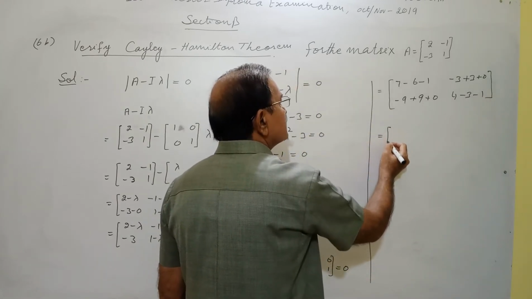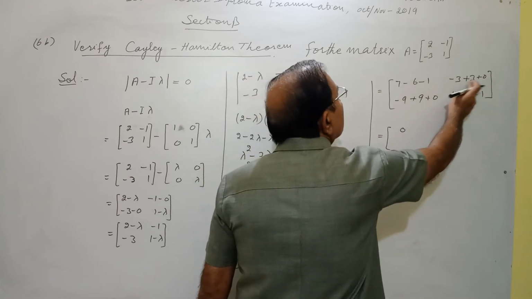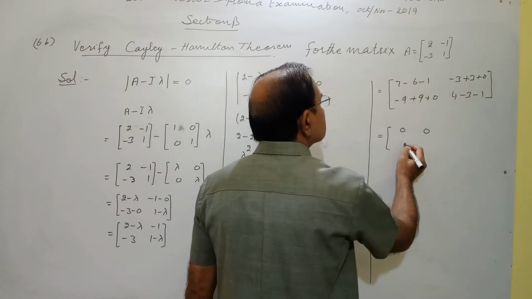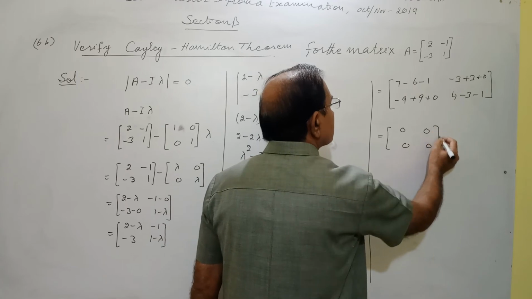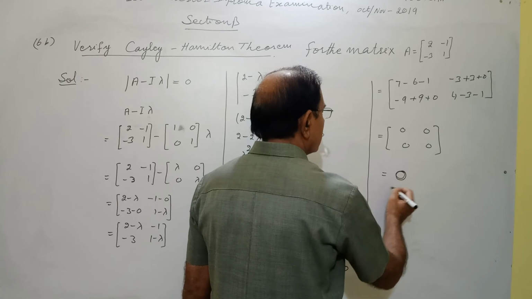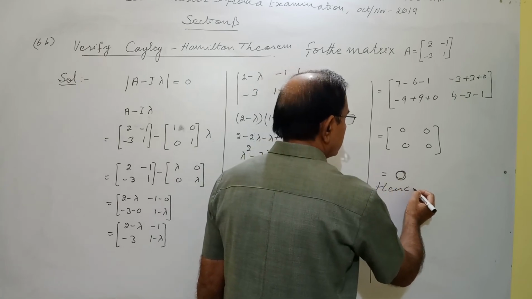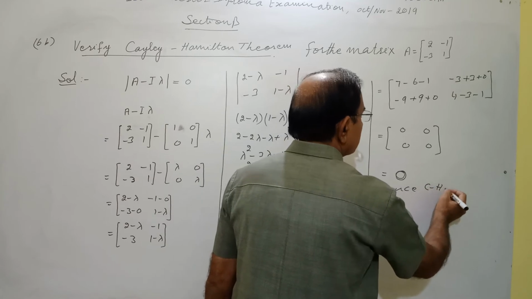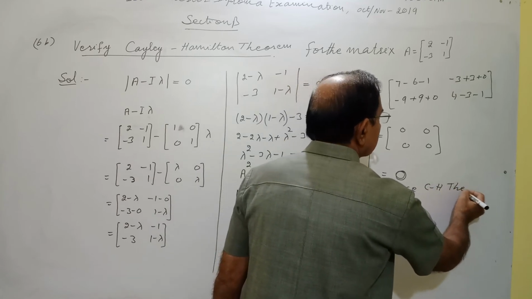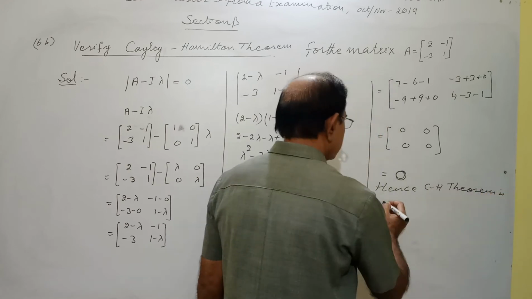Thus it equals 0, 0, 0, 0 equals 0. Hence proved. Hence CH theorem is proved.